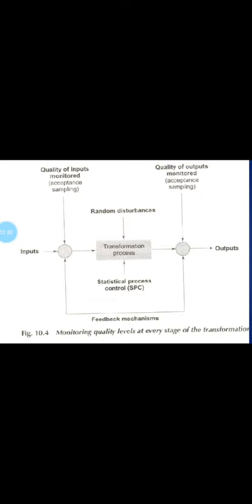Okay, so here in this diagram it tells us where all quality is required. Usually first is inputs. When there are inputs, the quality of raw materials put in for production has to be monitored and checked, and then this passes through transformation of raw materials to semi finished and finished product. So in the process also we need a quality check, and then before output again the sample is accepted after the quality check.